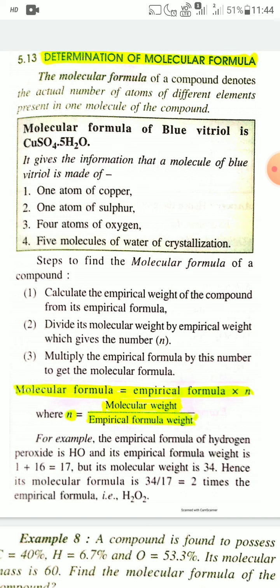You know the empirical formula of glucose is CH2O. But the actual molecular formula of glucose is C6H12O6. Now, if you multiply the empirical formula of glucose, that is CH2O, by 6, then you will get the actual molecular formula of glucose, that is C6H12O6.